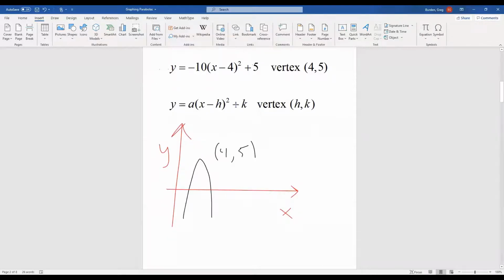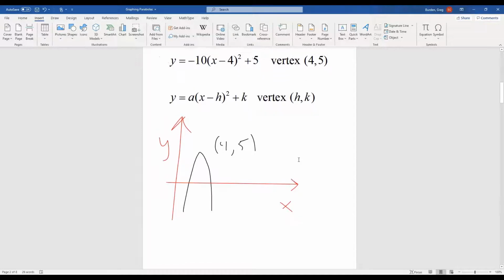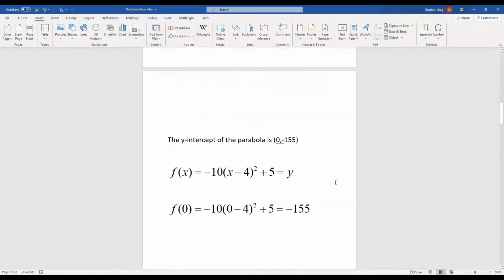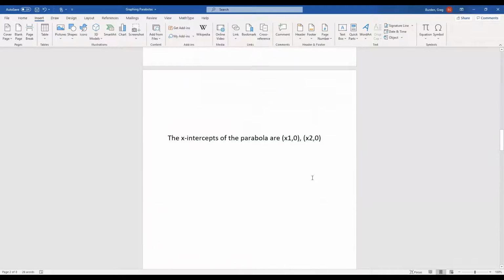So a, h, and k are the three parameters. They kind of correlate with the fact that we would need those 3 points to determine the parabola. What I mean by that is if you have 3 points that are not on the same line, there's exactly one parabola that can be drawn through those 3 points.